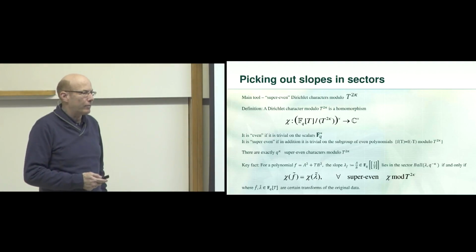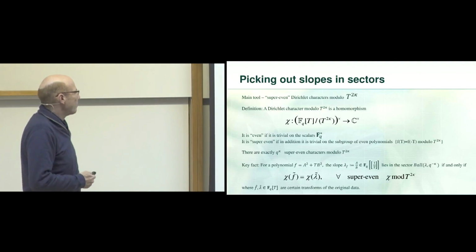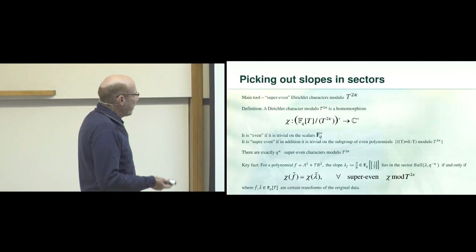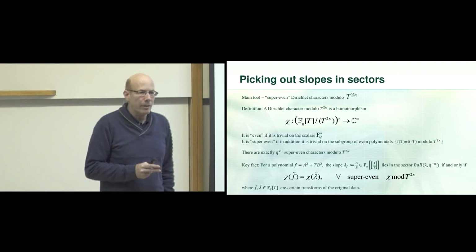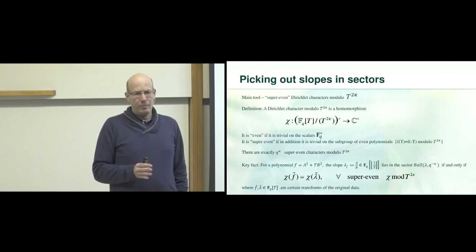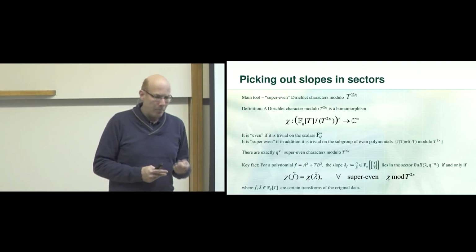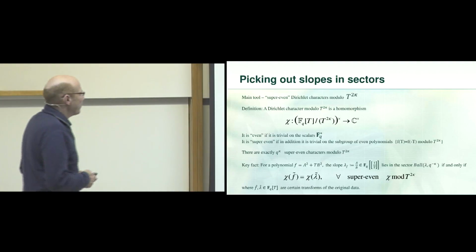I don't have a good explanation of why it comes out. I still don't understand it. And you can count how many such super even characters there are, and the answer is q to the kappa, and q to the kappa is exactly the number of bins which I'm using. So they are candidates for picking out which bin I lie in, which sector.